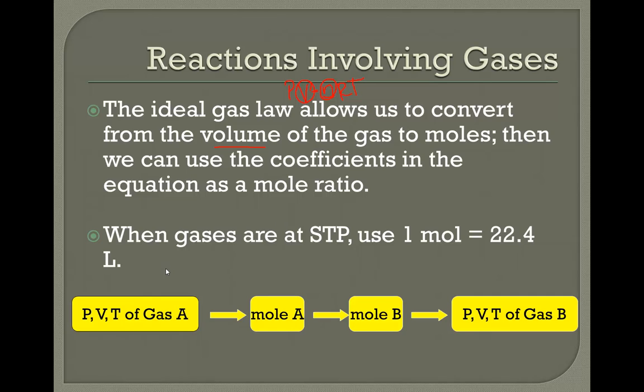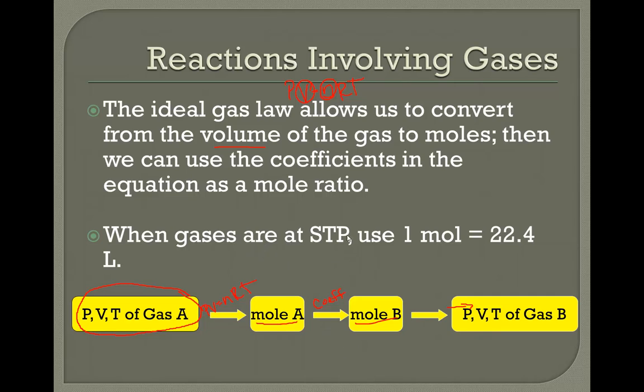So with gases, we use P, V, and T to figure out our moles, and then we use the coefficients to figure out the moles of another substance. Then we can convert it back to volume, or convert it to grams, depending on what the question is asking for.